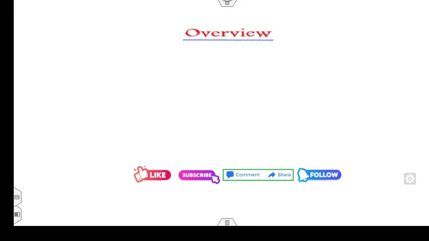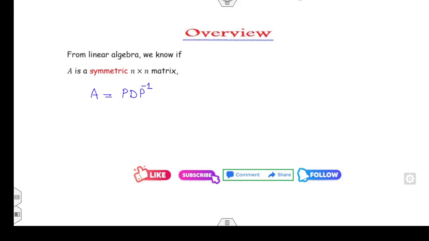Now, what is the overview of the singular value decomposition and why is there a need for it? That's a very important question. We all know in linear algebra, whenever you have a square matrix n cross n, we can write any symmetric n cross n matrix as A equals PDP inverse, where capital D is the diagonal matrix and P is an invertible matrix.